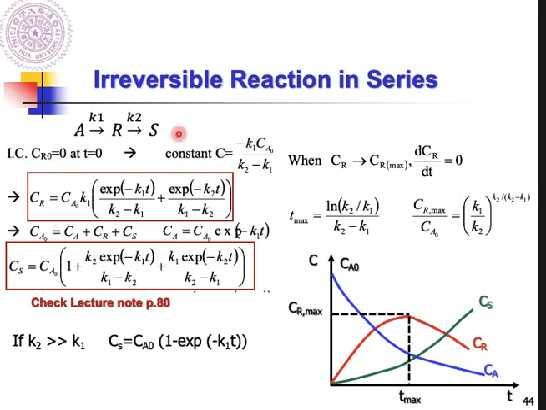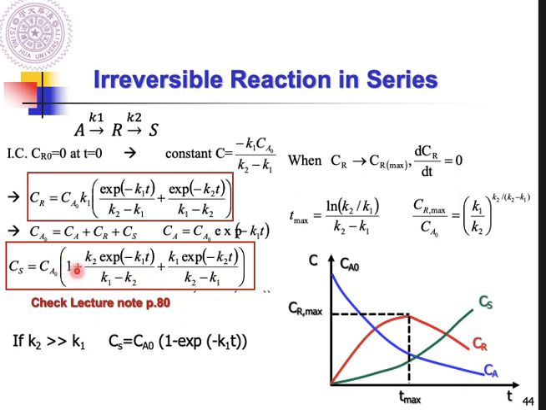So in this series reaction, we assume K2 is much larger than K1, meaning this is faster, this is slower. When I focus on the generation rate of the product, K2 is much larger, so the exponential minus term is quite large, so you can directly ignore it, right? And K2 is much larger than K1, so you can delete this one.